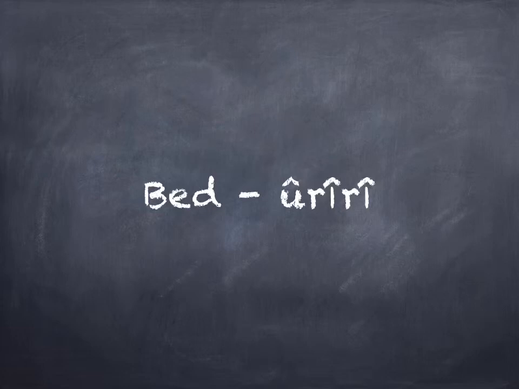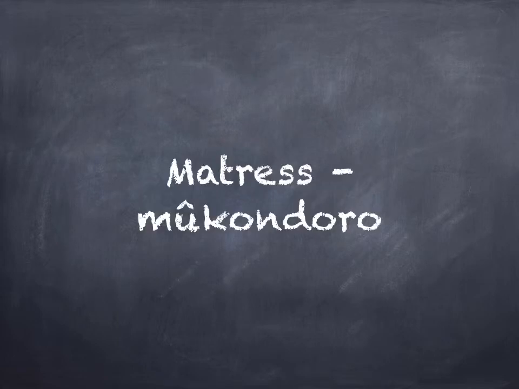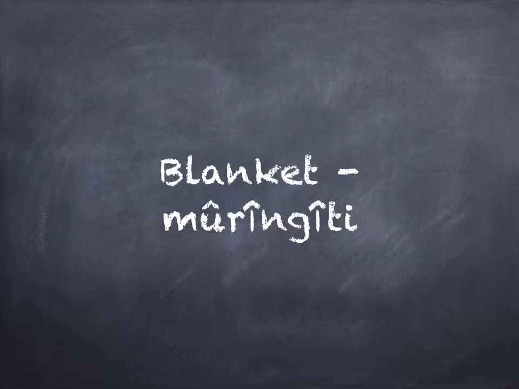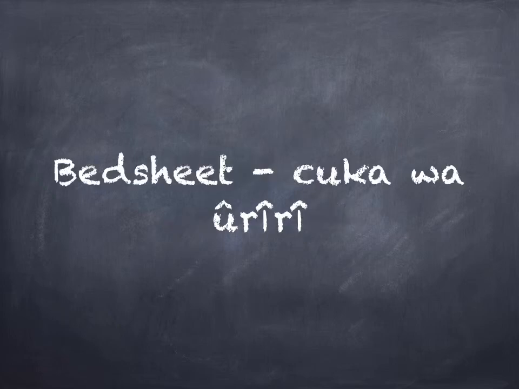Here we start with the bed, which is known as oriri. The mattress known as mûkodoro. Blanket known as mûrigiti. Bed sheet, which is known as suka wa oriri.